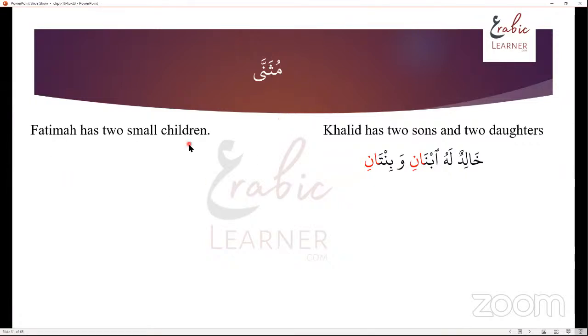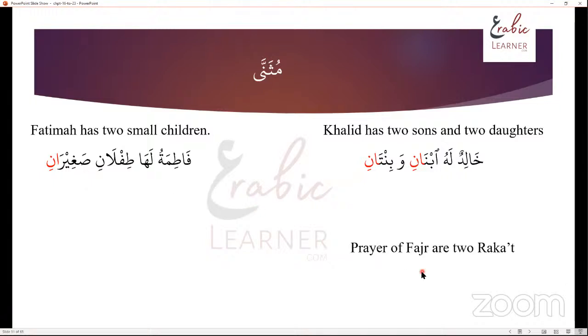Okay. Fatima has two small children. Fatimatu laha tiflani saghirani. Prayer of Fajr is 2 rakat.